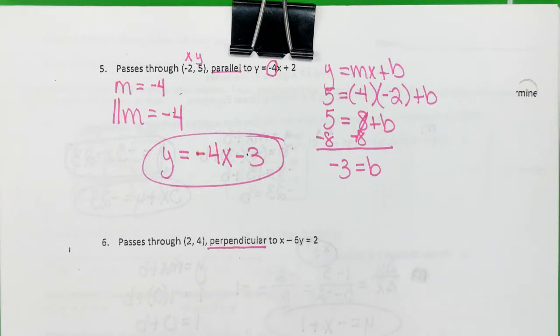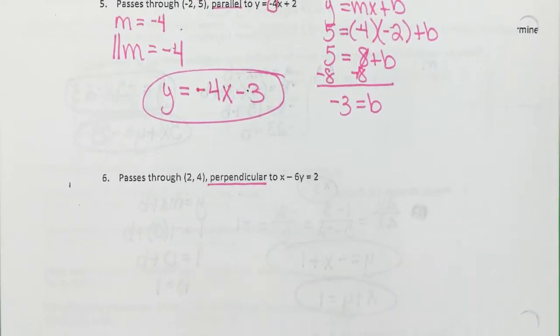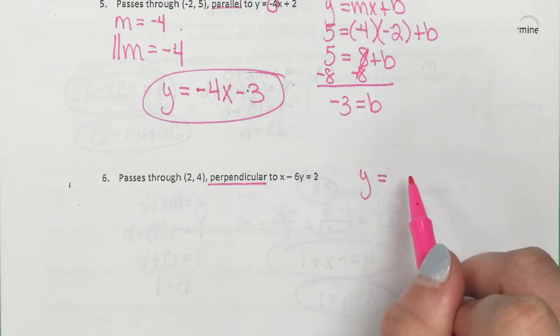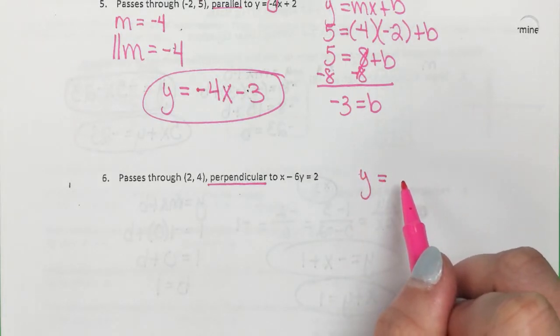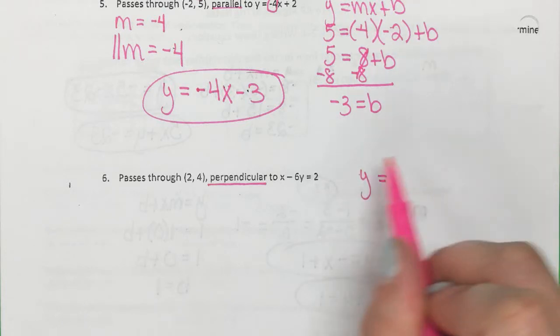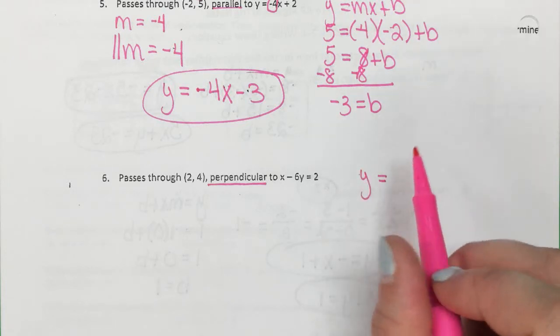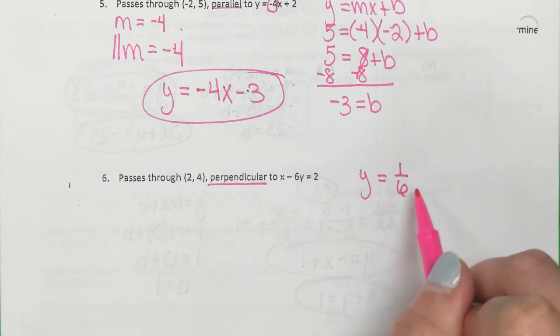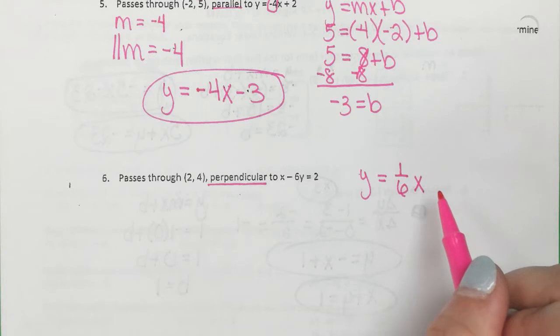Alright, number 6. Did you solve number 6 for Y yet? What did you get when you solved it for Y? -2. The whole thing, Bobby. Y equals what? -6/1x. It should be positive 1/6x.